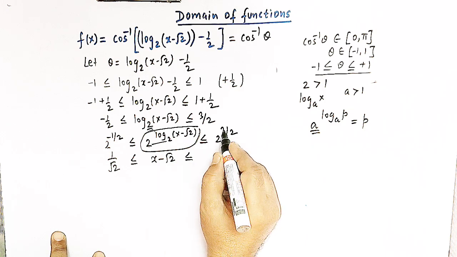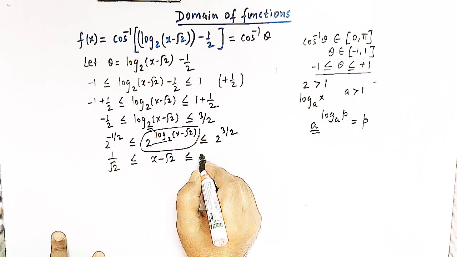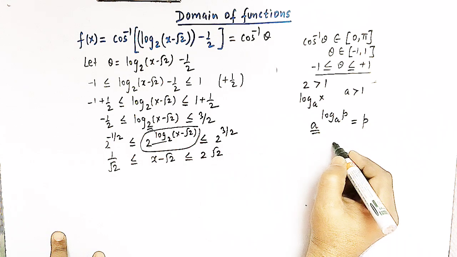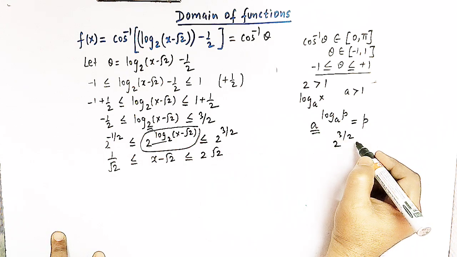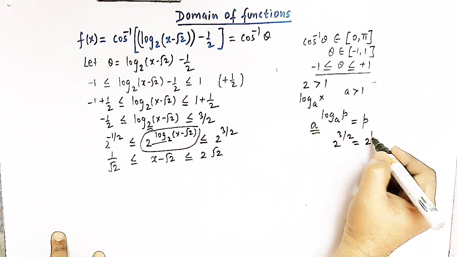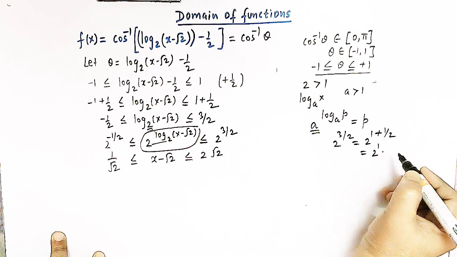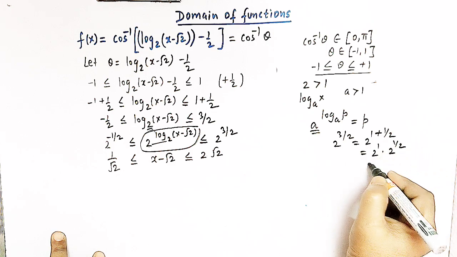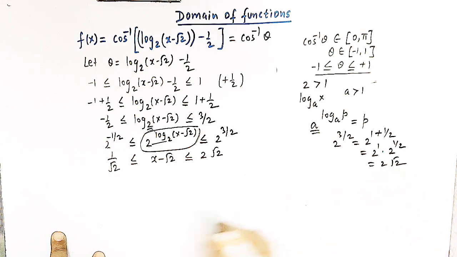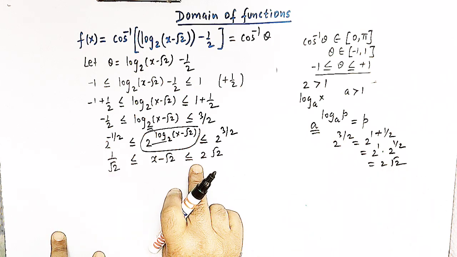And 2 raised to 3 over 2 is 2 root 2, because we can write 2 raised to 3 over 2 as 2 raised to 1 plus half, that is 2 raised to 1 and 2 raised to half, that is 2 root 2. So now we have this inequality.